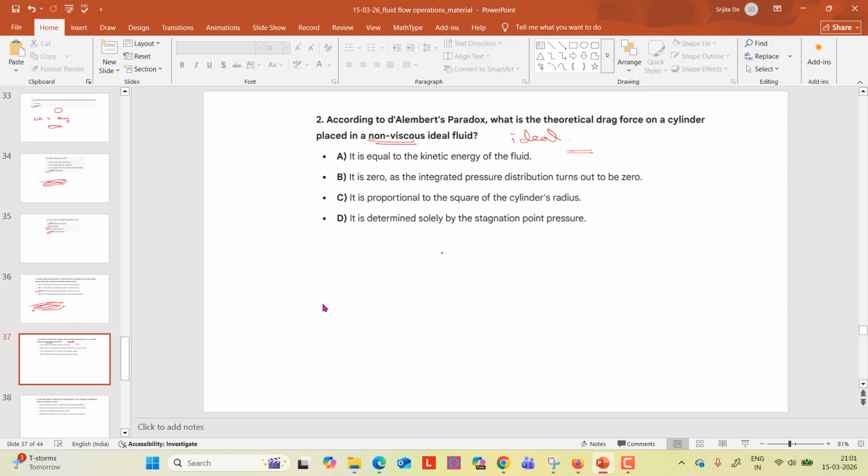So for a cylinder, it will lead to an equal pressure distribution at both sides, which leads to no net pressure difference. It will be zero, as the integrated pressure distribution turns out to be zero. So net pressure will be zero.